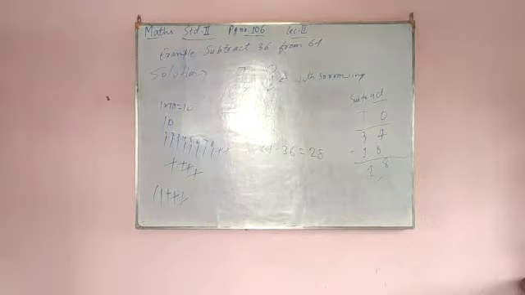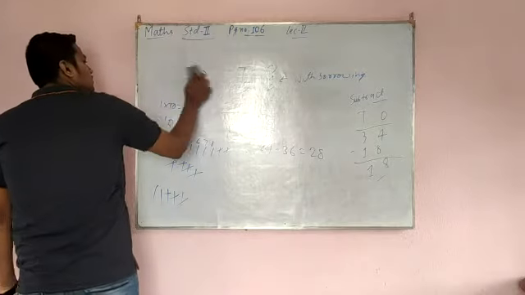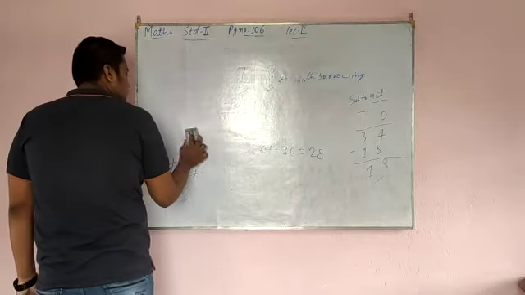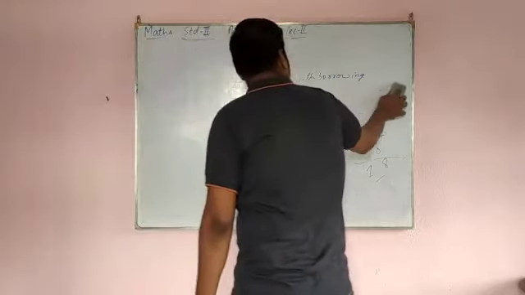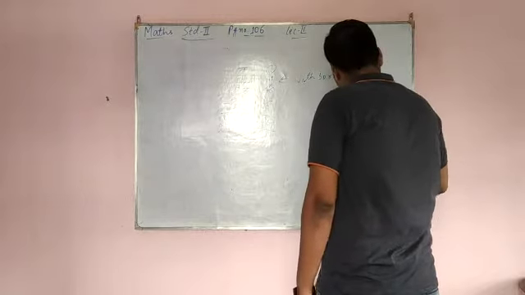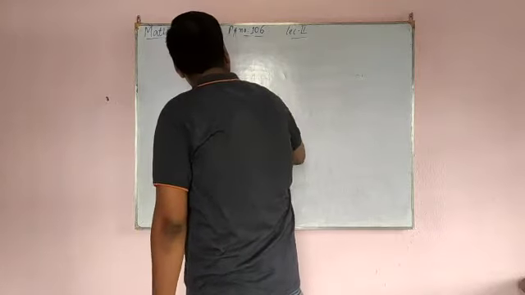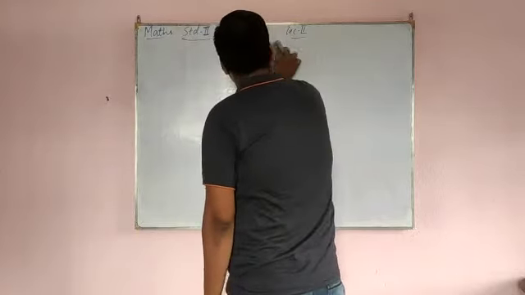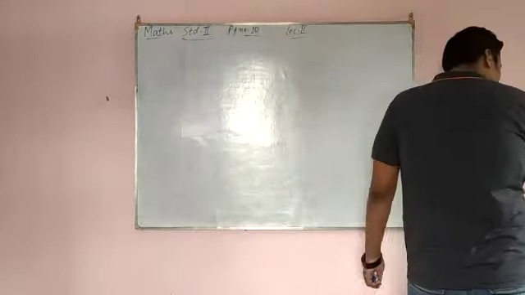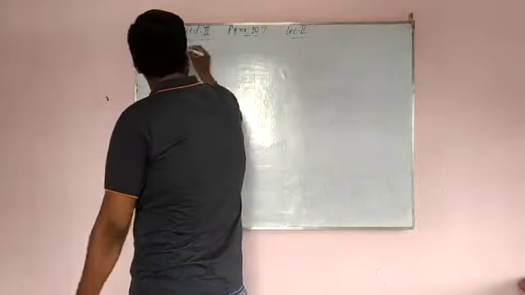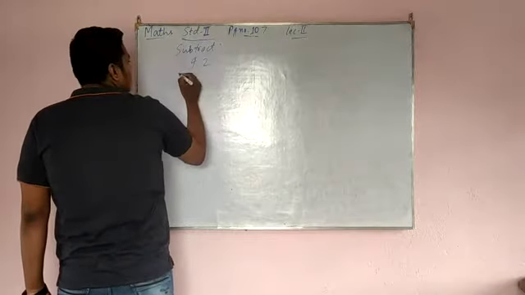Now we go to page number 107. Page number 107 is also subtraction. Okay. The question is 42 minus 24.